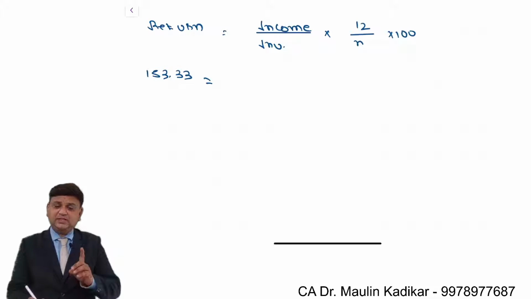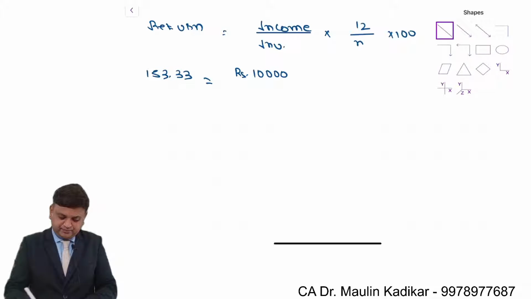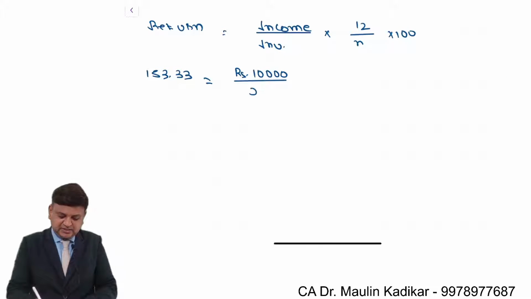The income is, listen carefully what I am going to do. Rupees 10,000 is the dividend divided by x, that is NAV per unit. So this is the number of units allotted to the investor.